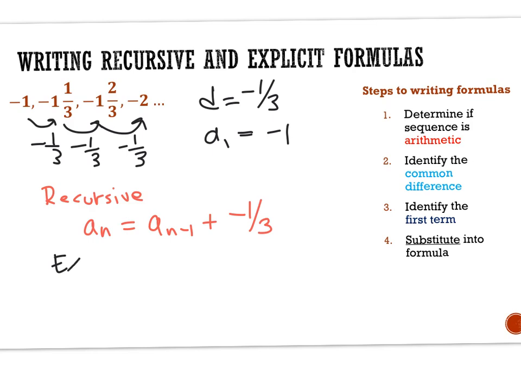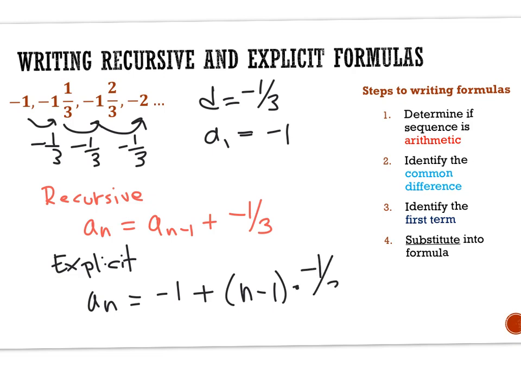Now if I was to write my explicit, a sub n equals my first term, a sub 1, negative 1, plus n minus 1, since I still don't know n, times negative 1/3. And so we'll look at how we can identify these terms in class, but the idea is at least you can write the formulas and plug in the information that you're going to need.